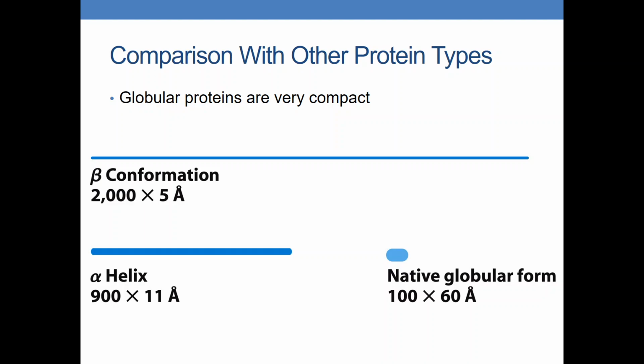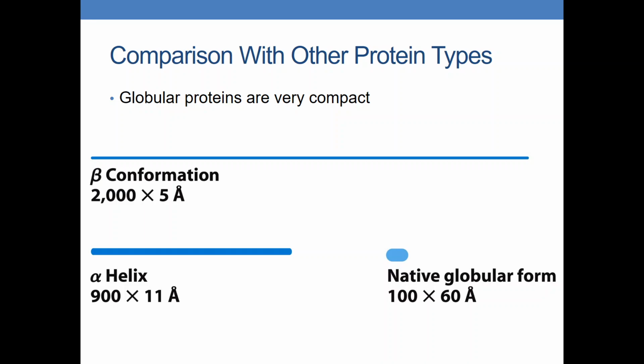This is interesting because if you compare to fibrous proteins, you'll see that the overall dimensions are very different. For example, if we look at a fibrous structure built from a beta protein, fibroin is a very common one.